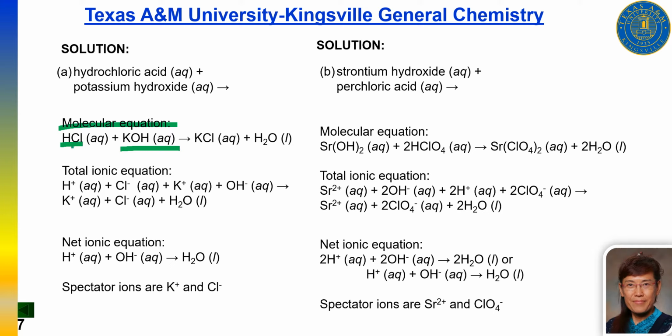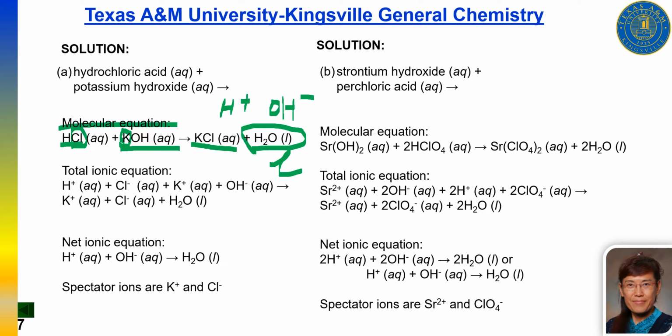And then your chloride and your potassium are going to recombine to form potassium chloride. And your hydroxide OH and the proton, hydrogen plus, will recombine to form your water molecule. Be cautious, your water molecule always exists as a liquid. Make sure water is always a liquid.